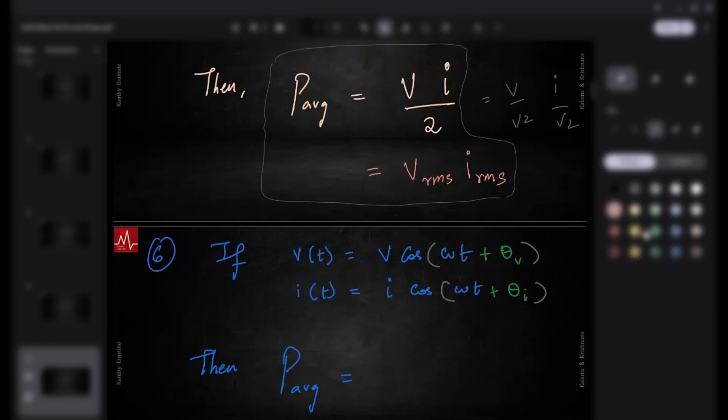Because we have done this, I'm just going to write down the answer. This again is going to be Vi by 2. There will be a constant term, cos(theta v minus theta I). Cos(A minus B) stays; cos(A plus B) will be sinusoidal, a function of time, oscillating. It will cancel, integral will be 0. This integral is a constant, pull it out, it will remain.